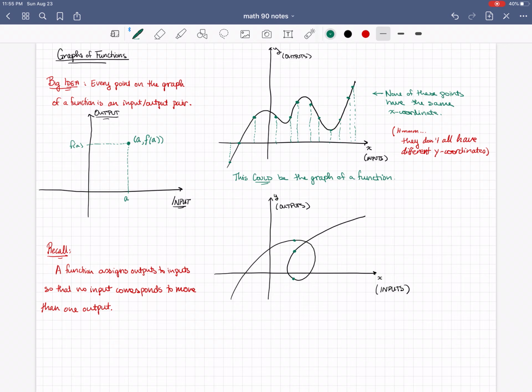But what you'll notice here is that all 3 of these points have the same x-coordinate, but different y-coordinates.